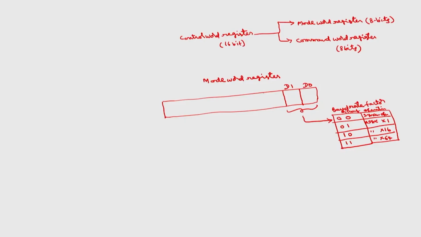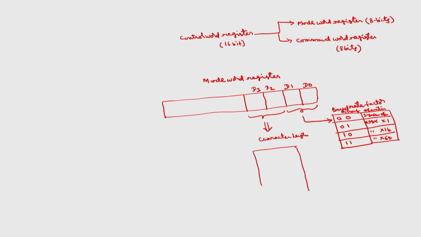The next 2 bits, D2 and D3, will decide the character length. In case of ASCII, the character length is 8. Even though it is a 7 bit code, we are going to use 8 bits.